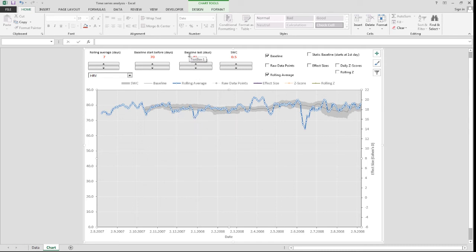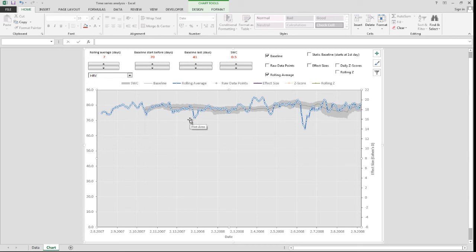Since the baseline involves more data points than a rolling average, the pooled standard deviation is going to be more affected by the standard deviation of the baseline than the last 7 days rolling average, because there are more data points in a baseline.